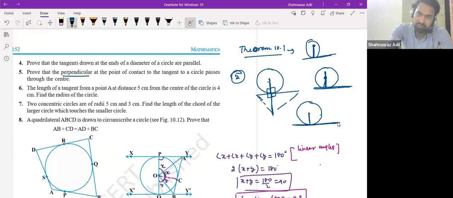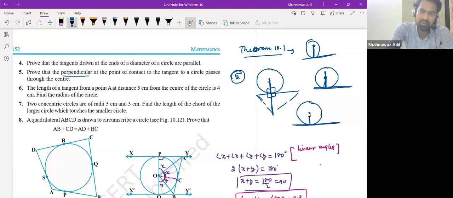So we can say that this is a radius, and this passes through this center. That is the argument that we can make.